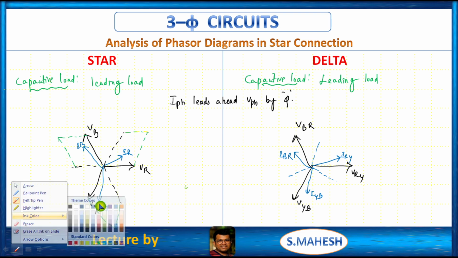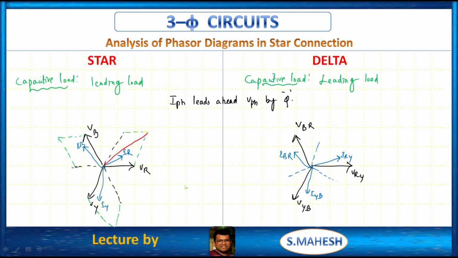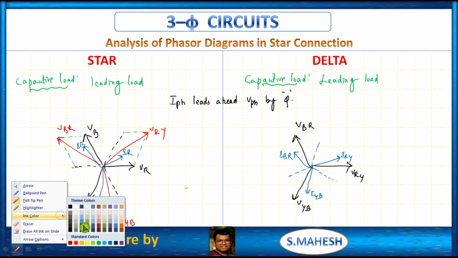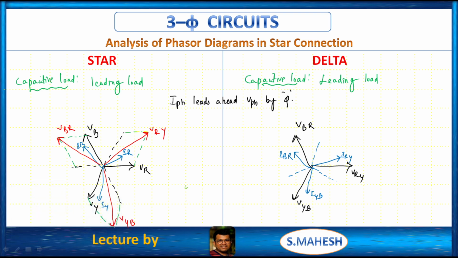Then the result of this is VRY, this is VYB, this is VBR. Okay, then in this case, what is the result between positive IRY and negative IBR? Right?